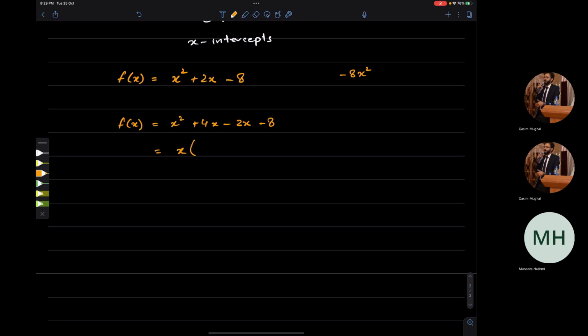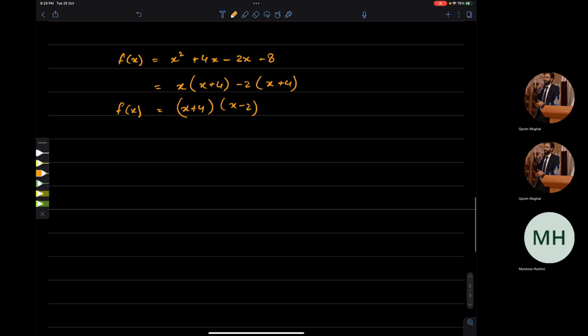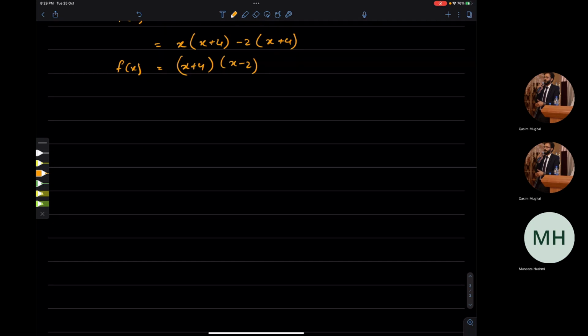Now I'm going to factorize it further. x times x plus 4, minus 2 times x plus 4, and then x plus 4 is common, and then x minus 2. So I've got the complete factor form here. Now I'm just going to draw the x-axis because that's what we are focusing on at the moment. I'm not going to focus on the y-axis for now.